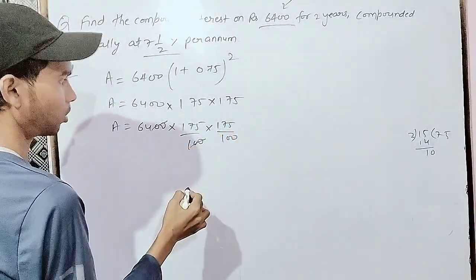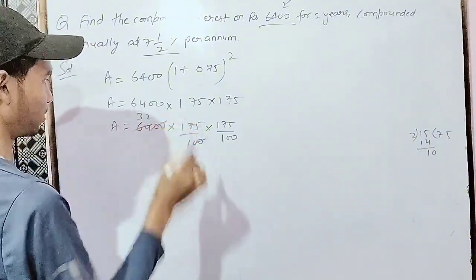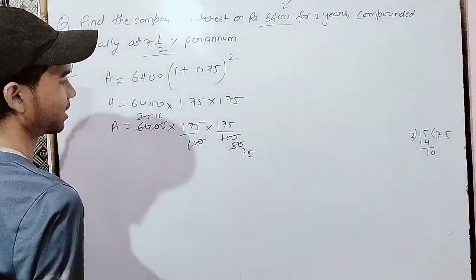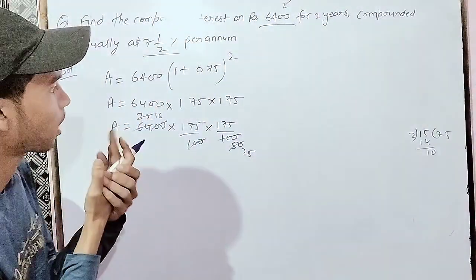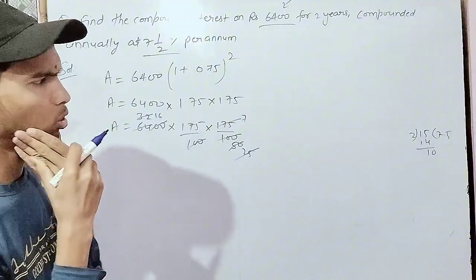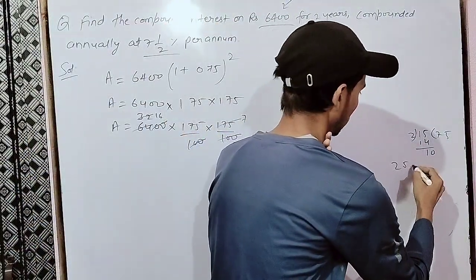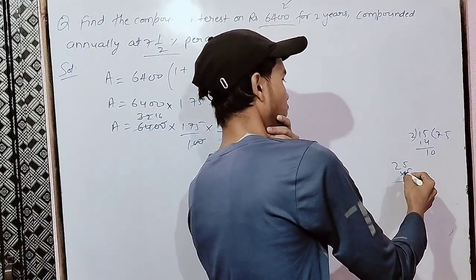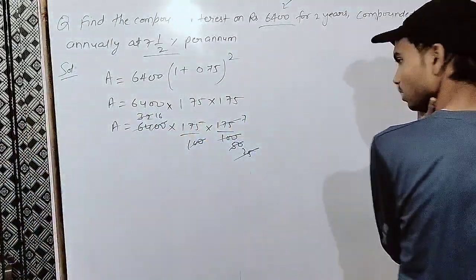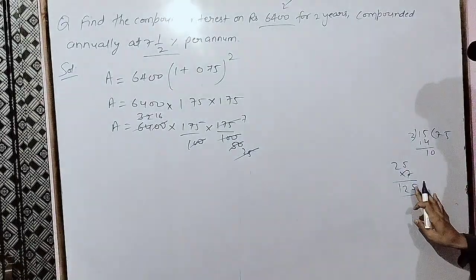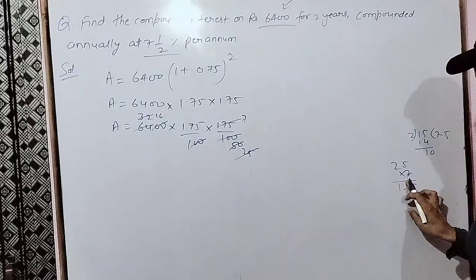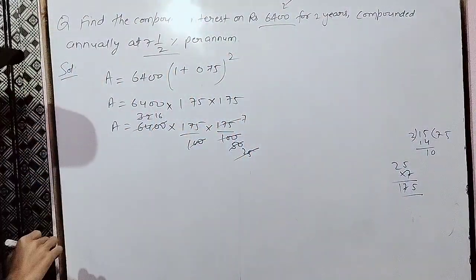We will cancel the common factors. 25 sevens are 175, and this will be cut by 7.